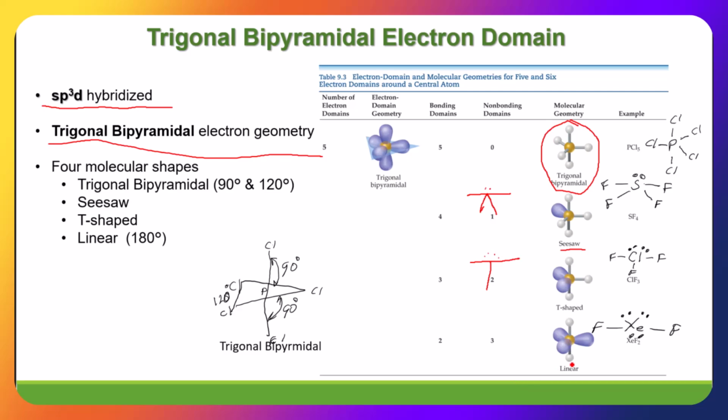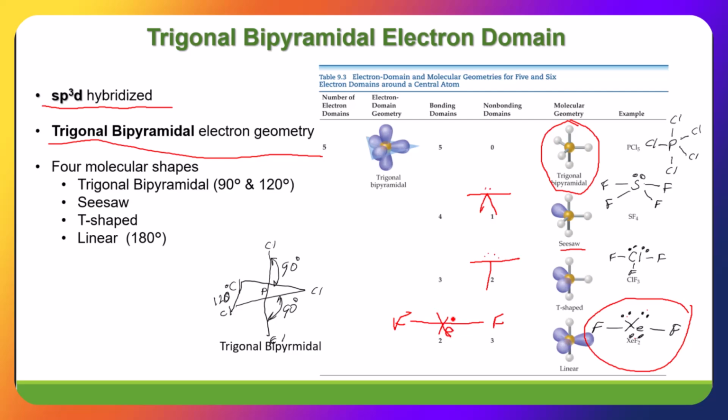One more, if you have 3 non-bonding pairs of electrons, this is something like xenon difluoride. You've got 1, 2, 3 non-bonding pairs of electrons. Let me see if I can do a little better than that. No guarantees. So it would look like this. You've got fluorine out here, fluorine out here, and you've got xenon sitting in the middle.